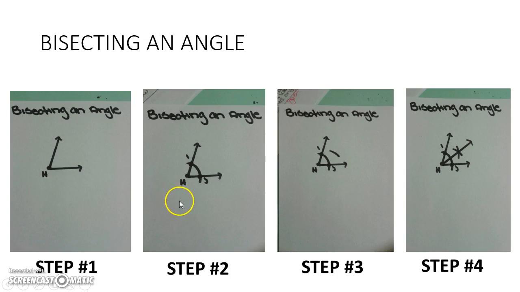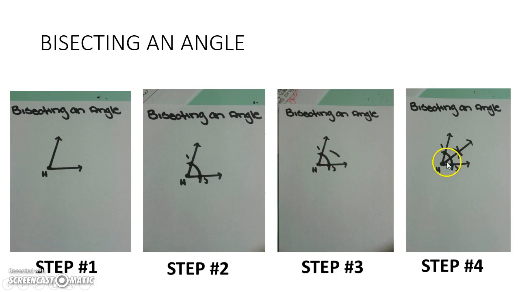Bisecting an angle, you would first take your compass, put your point right here on point H, and then make a small arc right here. Once you make an arc where the 2 points intersect, you would put a point there, and then you would label them. As you label them, you would put your compass here and make an arc right here.